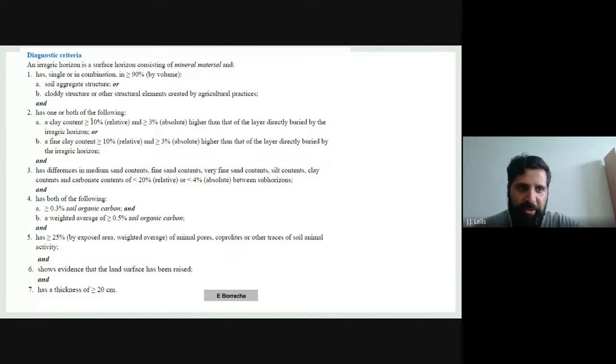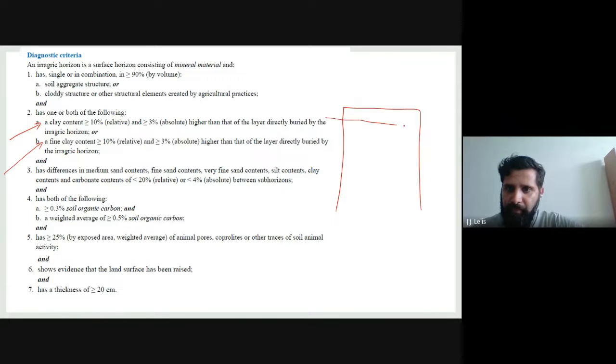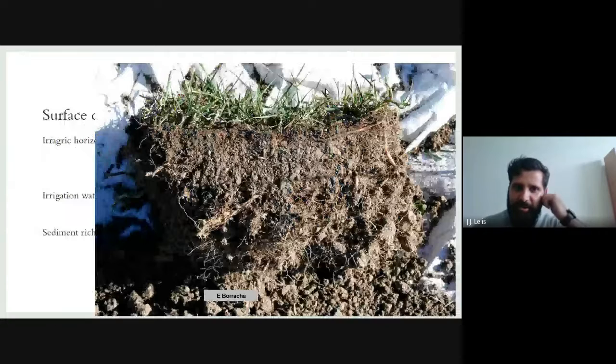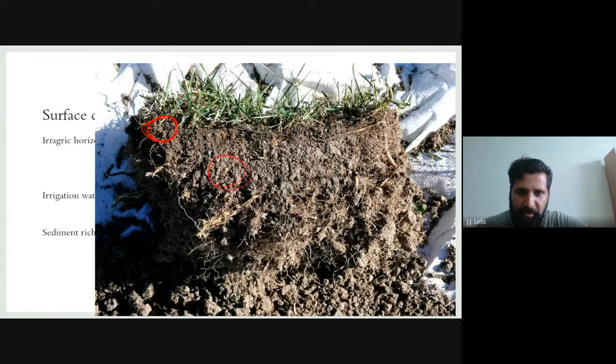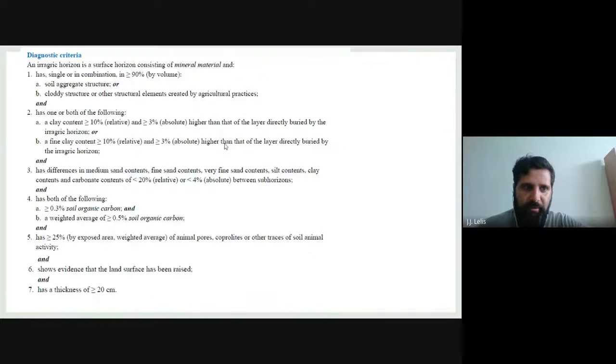So we can measure the total content of clay or the thinner part of clay and just compare the surface horizon and this buried horizon. So in this case, I just need to quantify the content of clay or fine clay here and compare with the content of clay or fine clay here. And I can understand if they follow these criteria here or here.